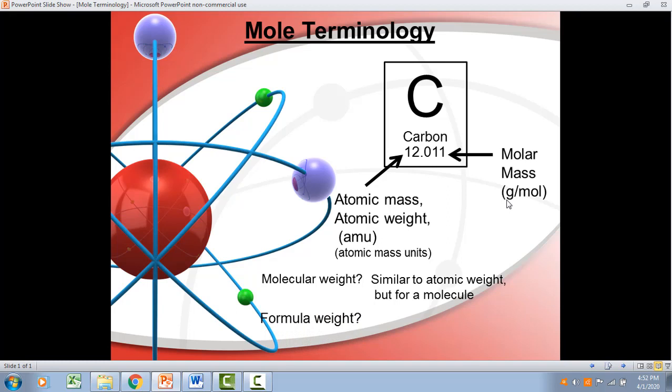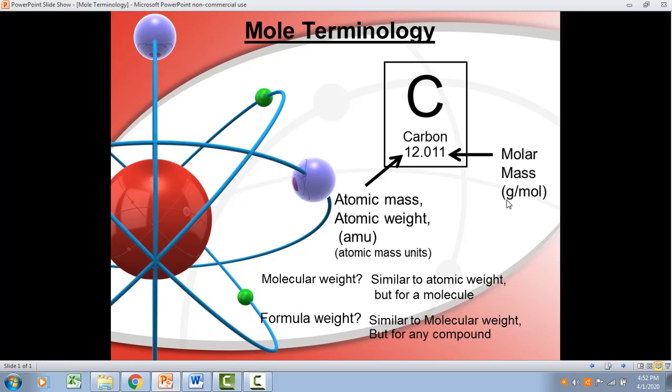Therefore, we have this other term, formula weight. Formula weight is similar to molecular weight, but this is for any compound, and it's simply based upon the chemical formula. So even if we're not talking about a compound that exists as discrete molecules, we can still calculate the formula weight.